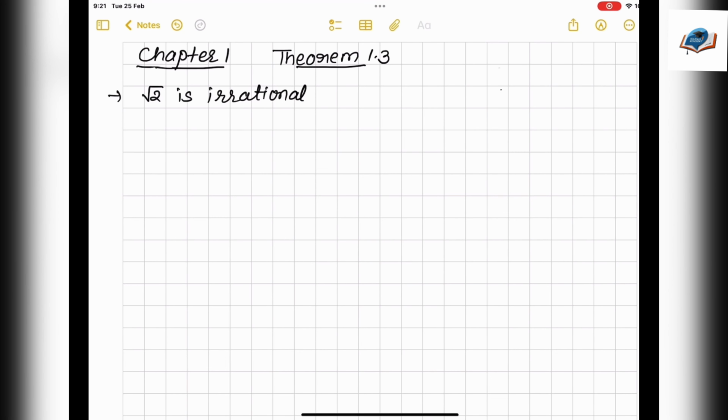Next theorem 1.3 says root 2 is irrational. So to prove that, first let us assume that root 2 is rational.